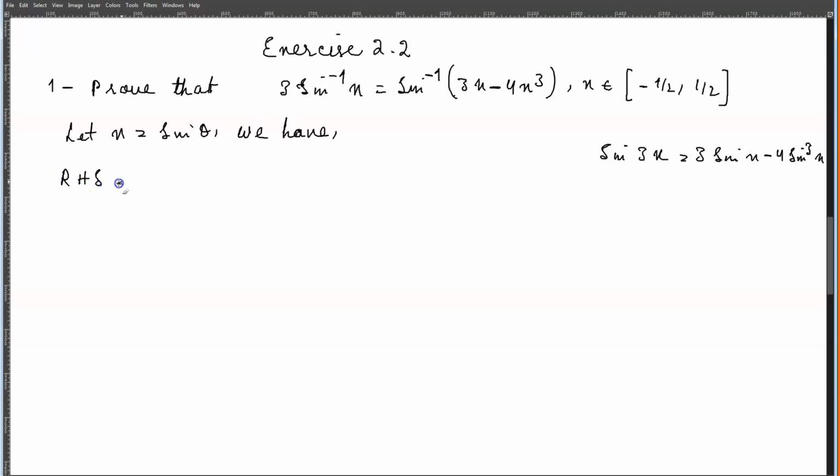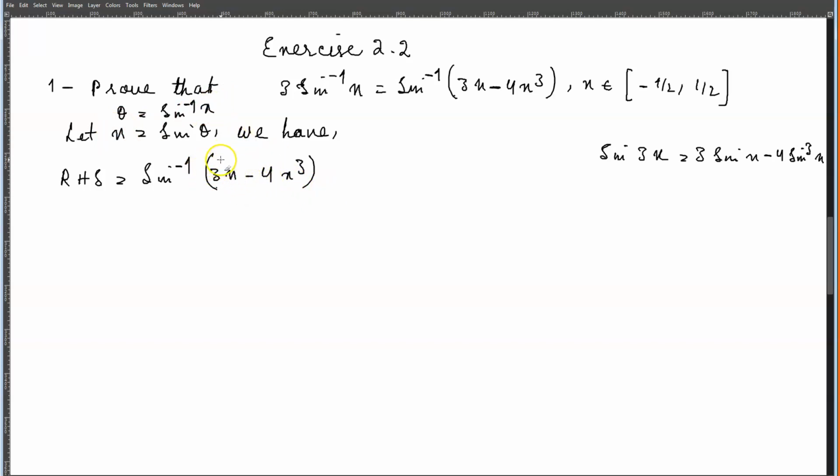The RHS is equal to sine inverse of 3x minus 4x cubed. And if x is equal to sine theta, then of course theta is going to be equal to sine inverse of x, right?